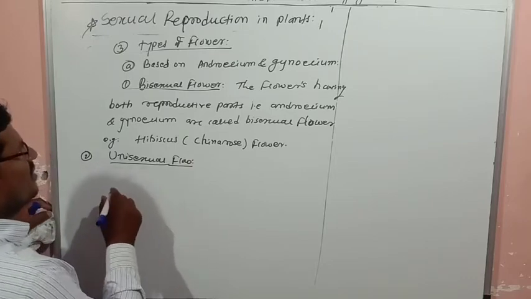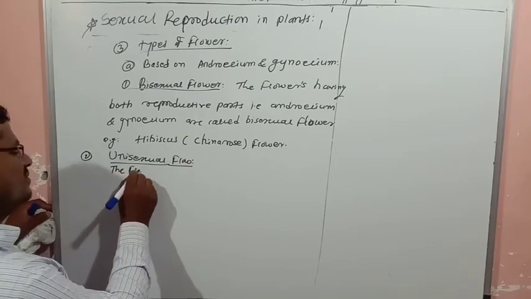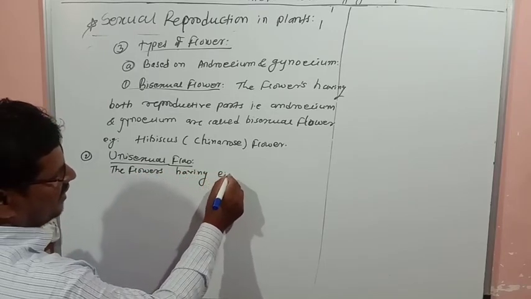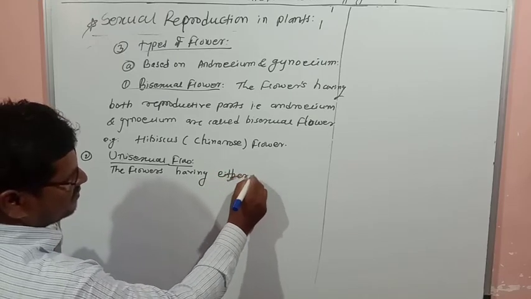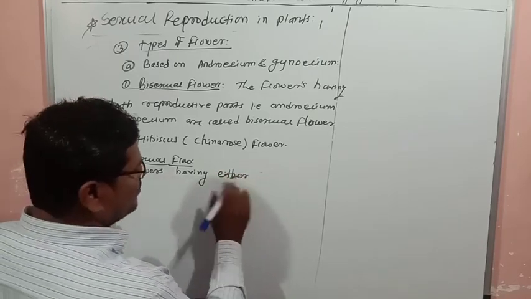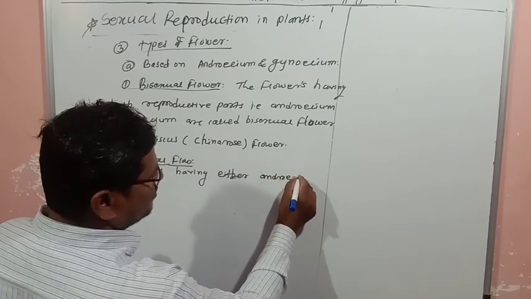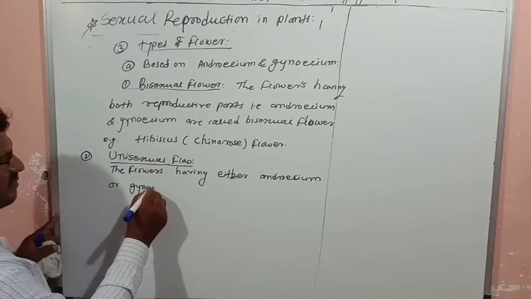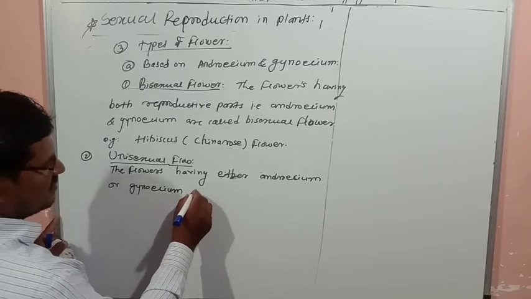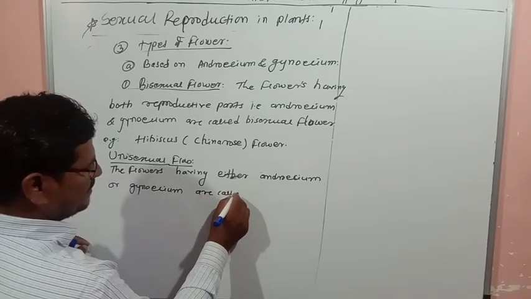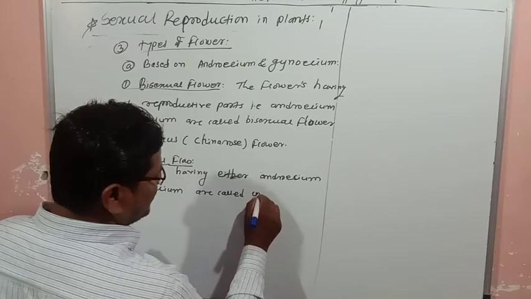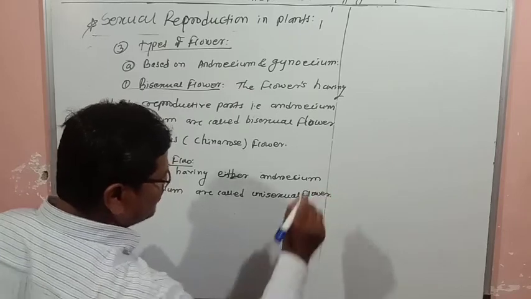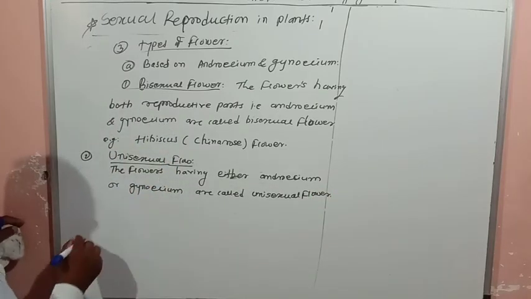In the definition you can write: flowers having either androecium or gynoecium are called unisexual flowers.